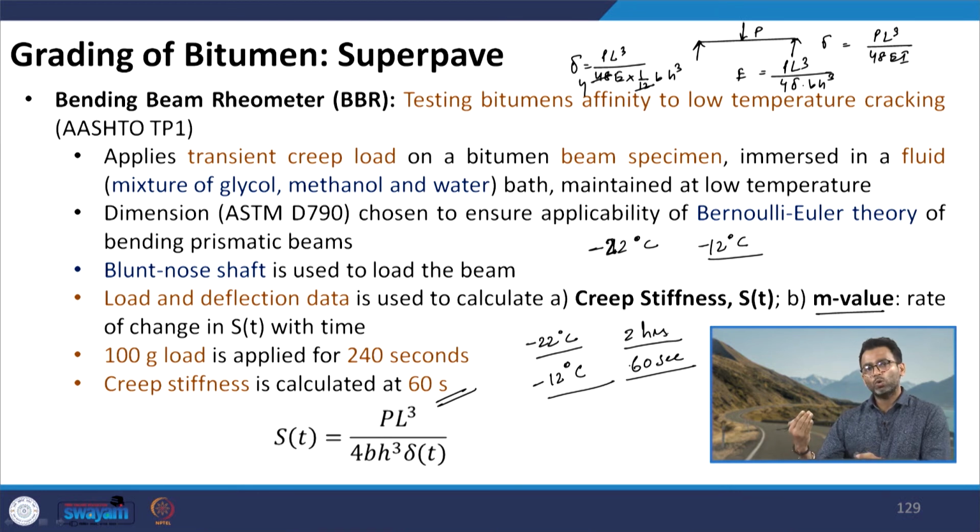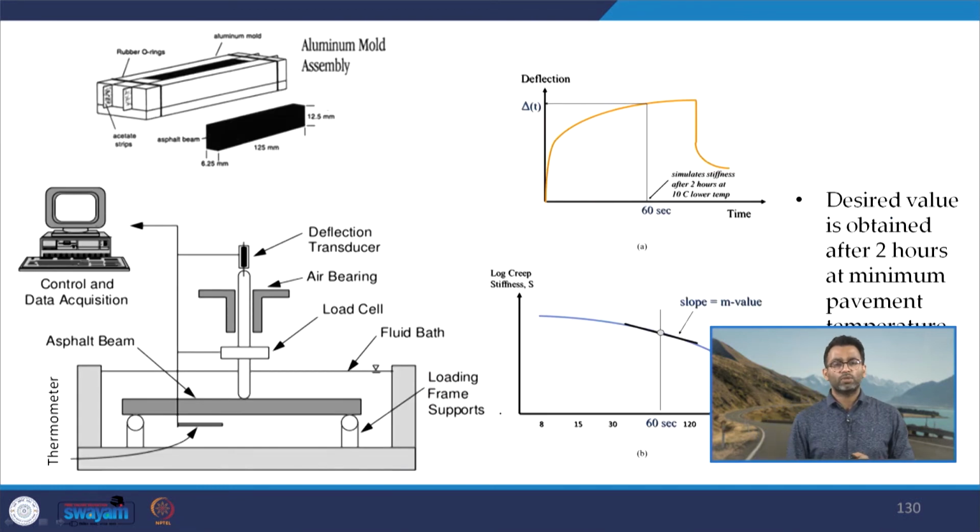I hope you can correlate this with the time temperature superposition principle, which we learned in the previous classes. So this test is usually done at 10 degrees Celsius higher than the anticipated lowest temperature, and this formula, as we discussed, is used to calculate the creep stiffness.